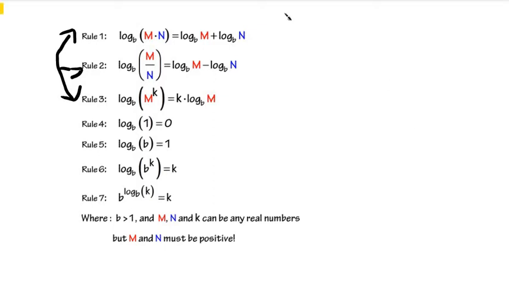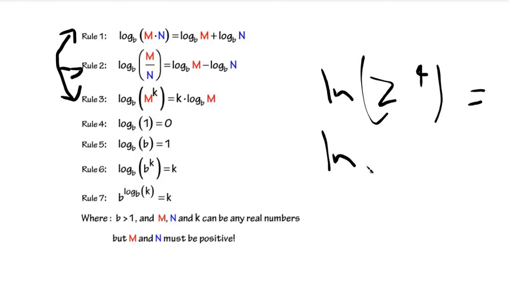So what you're doing here is basically multiplying by the exponent, because if you change the number inside the logarithm, so let's say it was 2 to the 4th, natural log of 2 to the 4th is the same thing as natural log of 16.